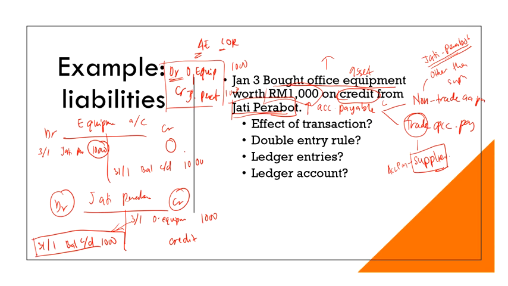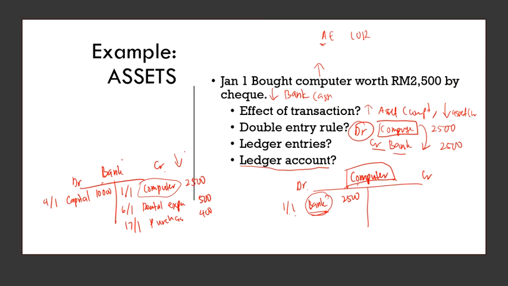Okay, 1,000. So next, computer also have a debit balance. So on 31st of January, the balancing of figure, balance carried down is 2,500.